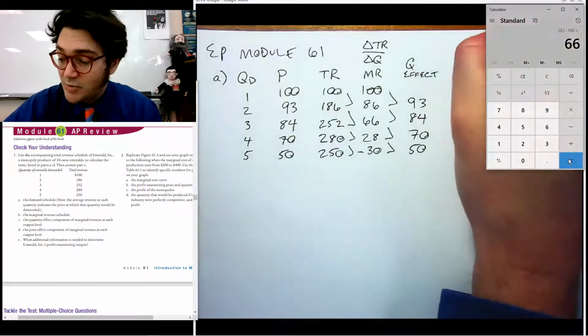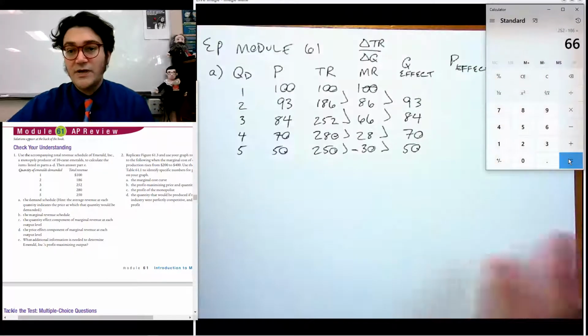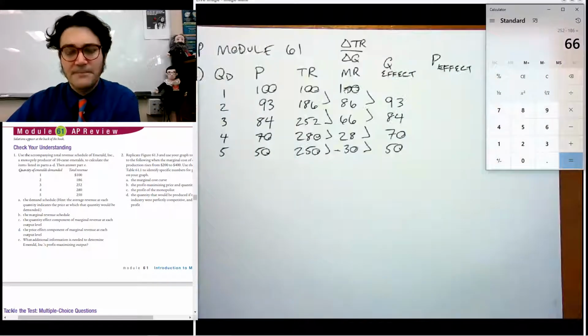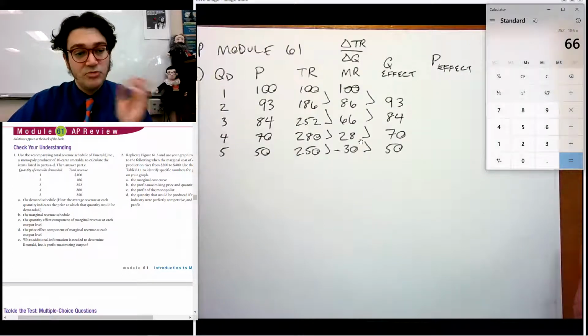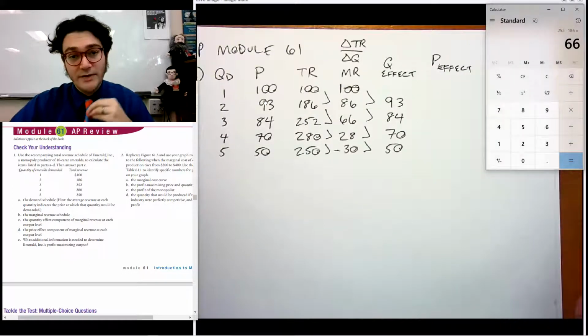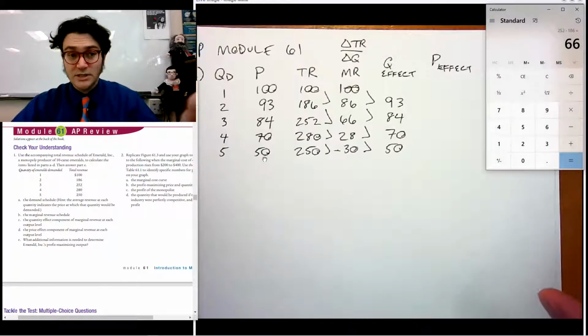And then it says the price effect for the next one. I understand what they're trying to get you to think about here: why are price and marginal revenue not the same thing? The price effect is saying that by lowering the price, when you go from 100 to 93, 93 to 84, 84 to 70, 70 to 50, you're giving up some revenue as a result of that decision.